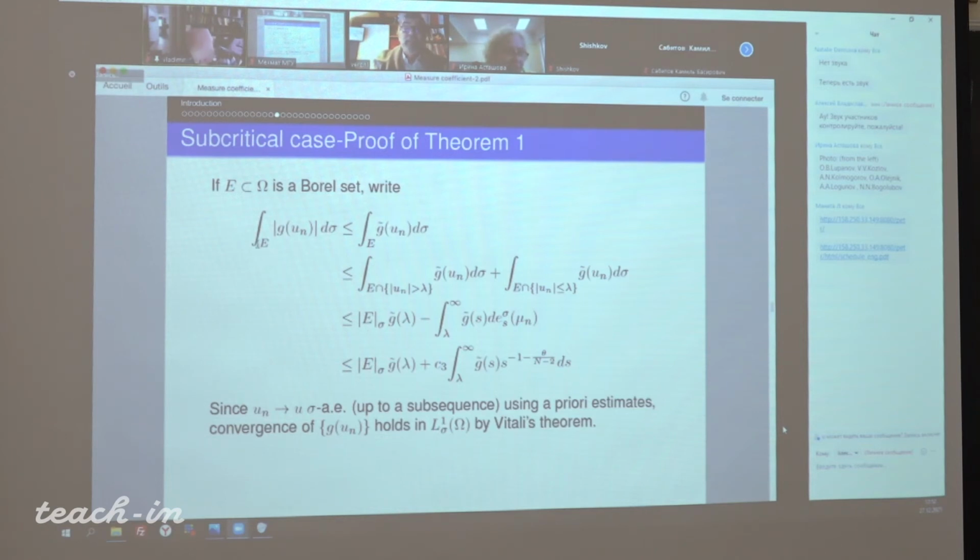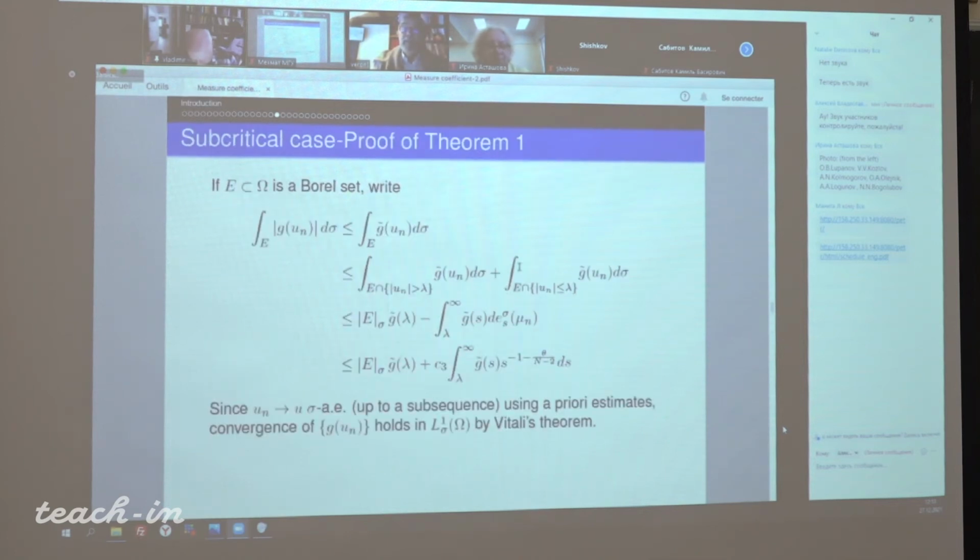So for that I use Vitali's theorem, and I set E as a Lorentz set, and I write the integral of the absolute value of G of UN d sigma, which is bounded by G tilde of UN, because this is my estimate here, on the set E. And now this integral is smaller than the integral over E intersect UN bigger than lambda, plus the integral over E intersect UN less or equal to lambda.